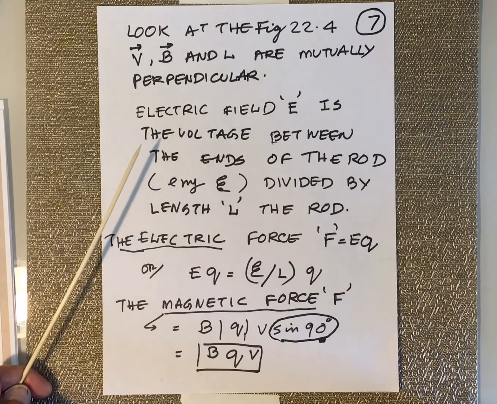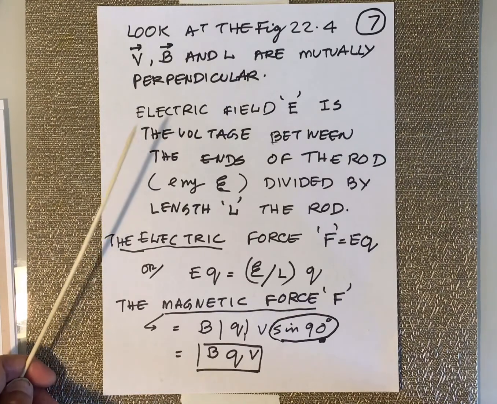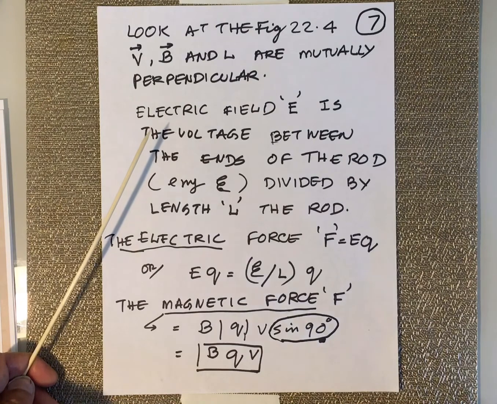Now the next idea is to compare the electric field with the magnetic field, rather I would say electric force with magnetic force. The electric force is not being seen here. We are just thinking that there will be an electric force as per the electric field.